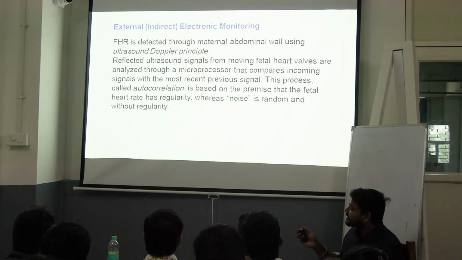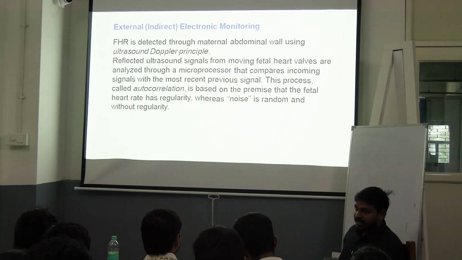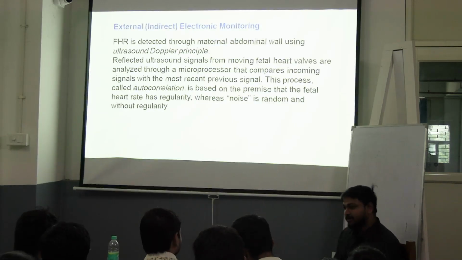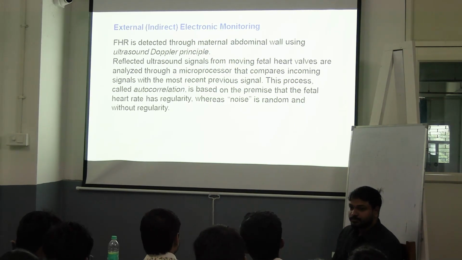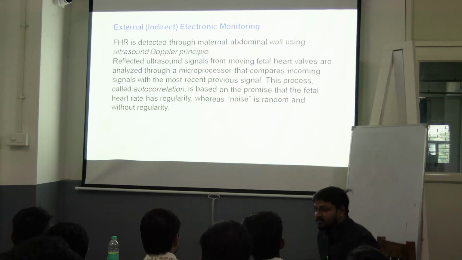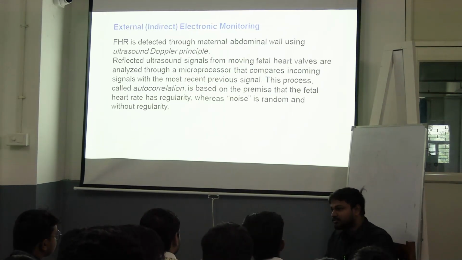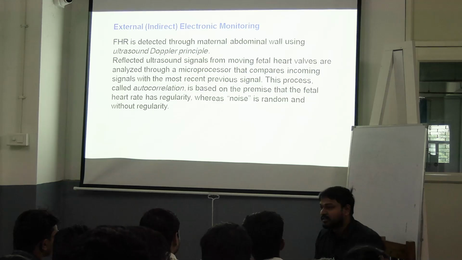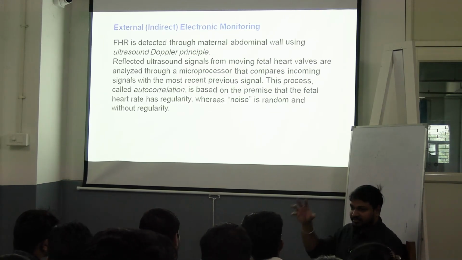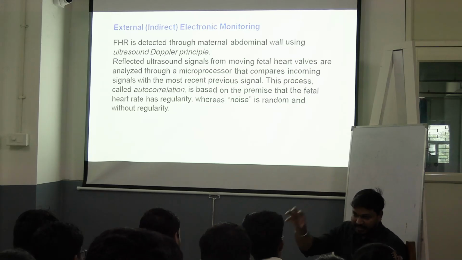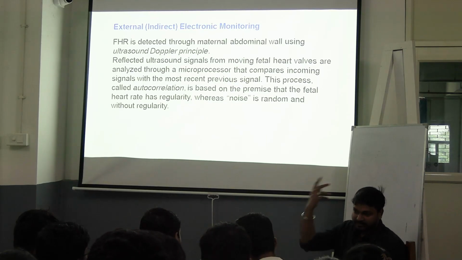In indirect monitoring, we use the Doppler principle. We had the Doppler class last time. What is the Doppler effect? What is the mechanism of Doppler? Normal ultrasound key concept. What happens actually? Sound waves are produced, they go and hit the target and then get reflected back.